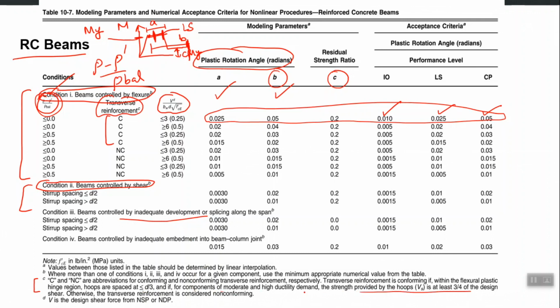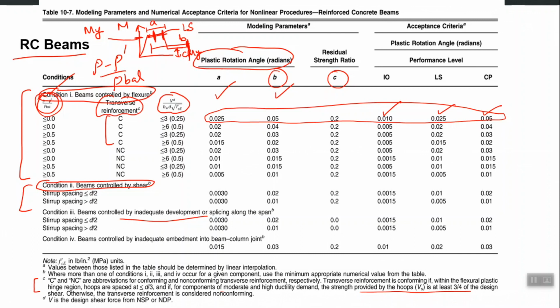If the spacing requirement or any of the two requirements is not fulfilled, it is non-conforming. If transverse reinforcement is non-conforming, the capacity is less, and small a, small b are less. So, a beam having good, closely spaced shear reinforcement will have larger small a, small b, which means more ductile behavior.